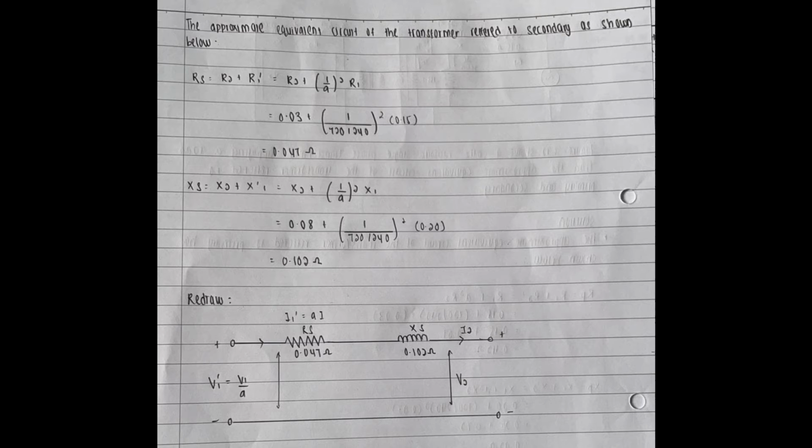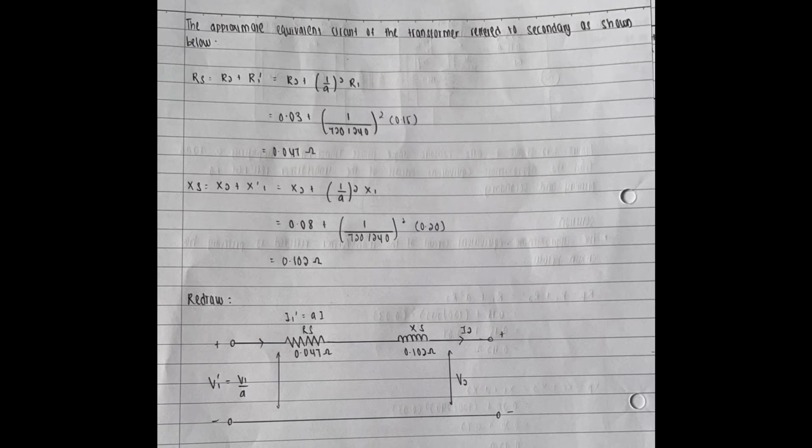So 0.03 plus 1 over (720/240) squared, and R1 is 0.15 as we know. So the answer is 0.047 ohm.